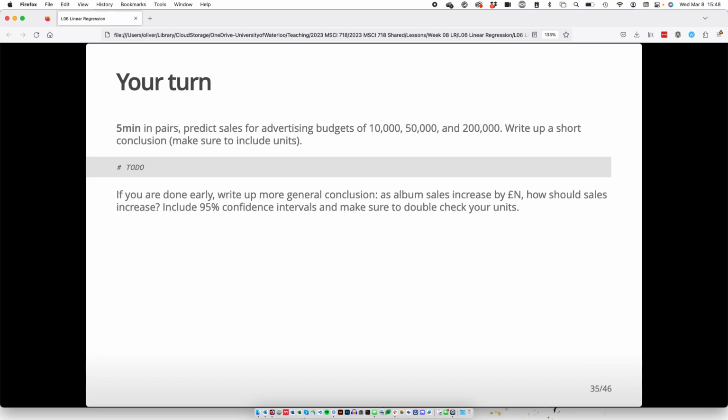So a value of 0.096, right? Every time you go up 1,000 pounds, you start to sell 96 more. That value, beta 1, or beta adverts in this case, is between 0.077 and 0.115. So we can discount with the lower bound of it.